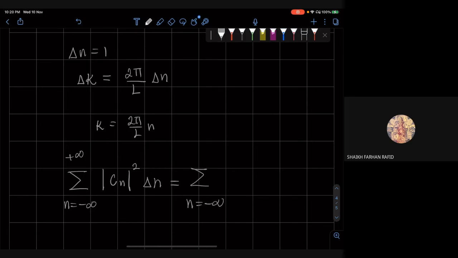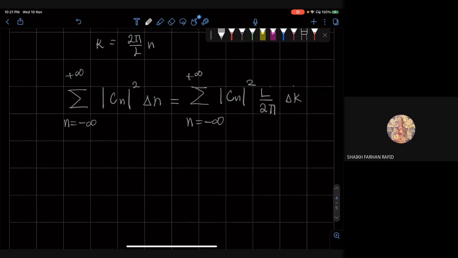I'm going to express this in terms of k. So we have this very interesting way of writing 1. And at some point we will take the L going to infinity limit, delta k going to 0 limit, but in a way that the whole thing remains 1.